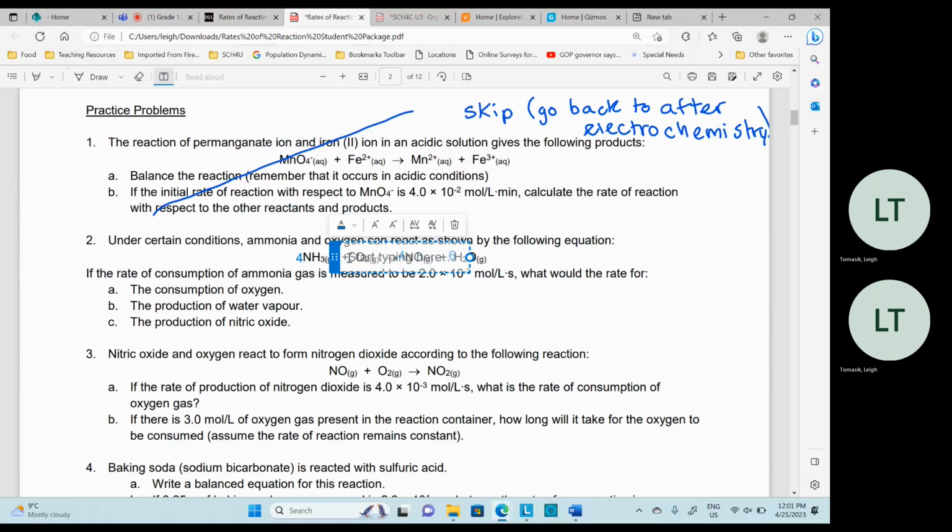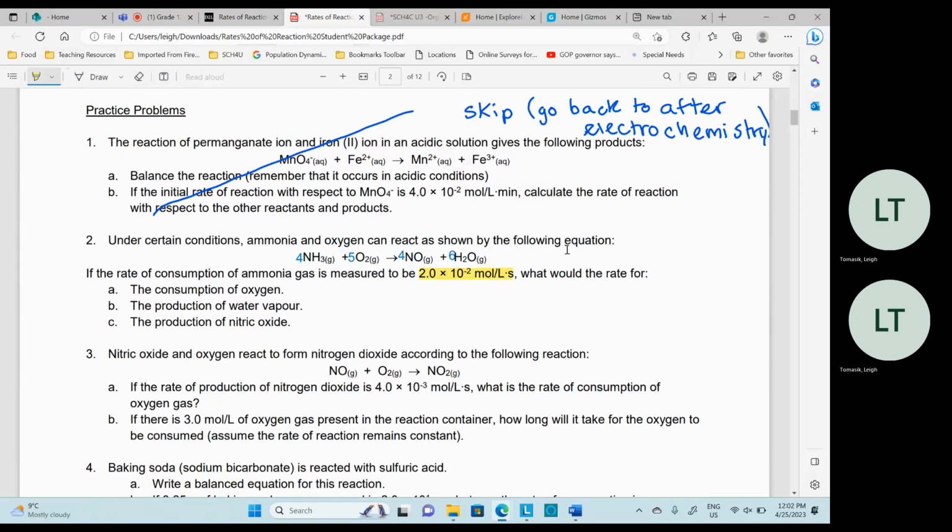So that means this oxygen will be 5. Okay, everything is now balanced. And it gives us a rate, but not a rate for everything because almost everything has different coefficients.